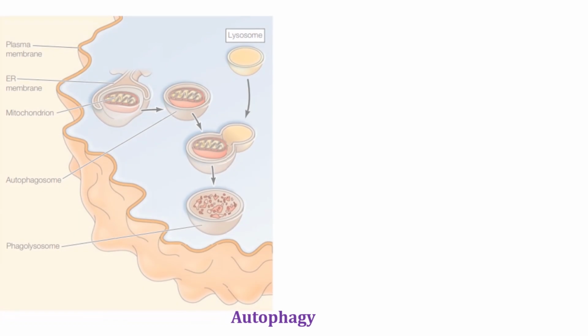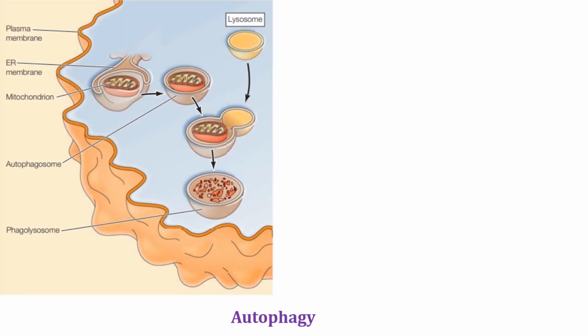Now second, autophagy. In addition to degrading molecules taken up from outside the cell by endocytosis, as you know, lysosomes are responsible for autophagy. It also handles the turnover of the cell's own components, including cytoplasmic organelles and cytosolic proteins.